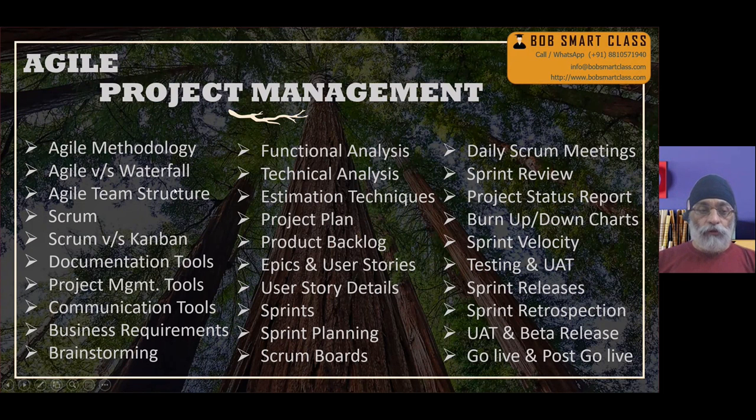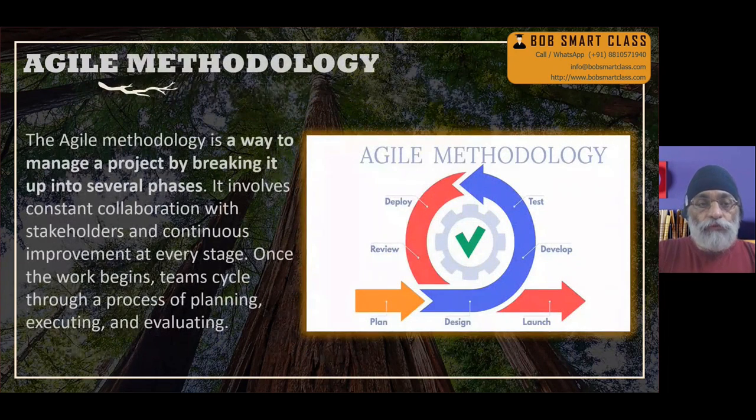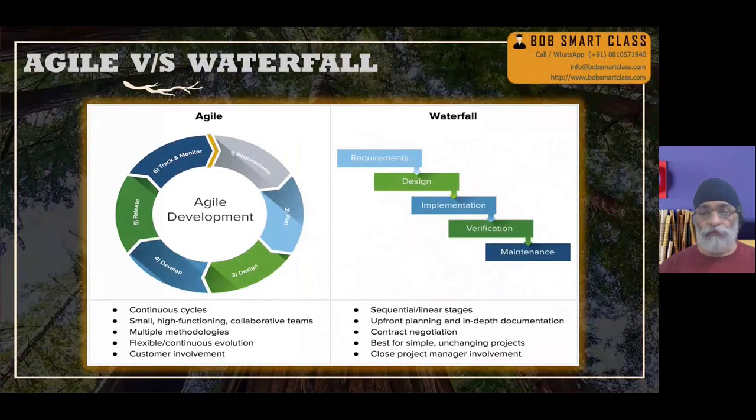We will be going through the topics which are displayed on the screen and work in more details. First, we will be describing what is Agile and what is the difference between the earlier waterfall methodology and how it is different from that methodology.